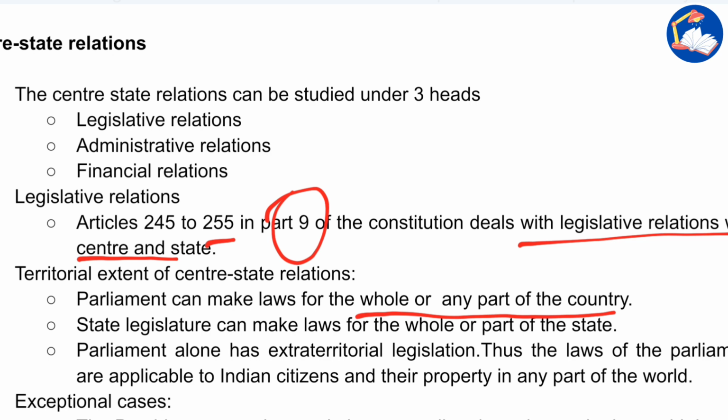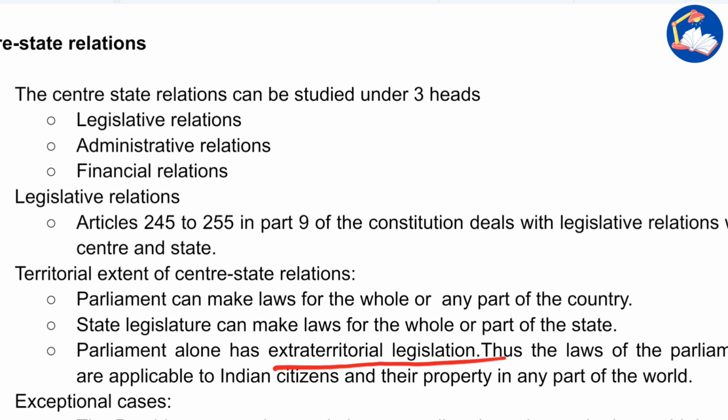The State legislature, on the other hand, can make laws for the whole or part of the state. Now, Parliament alone can make extraterritorial legislation. Thus, the laws of the Parliament are applicable to Indian citizens and their property in any part of the world.